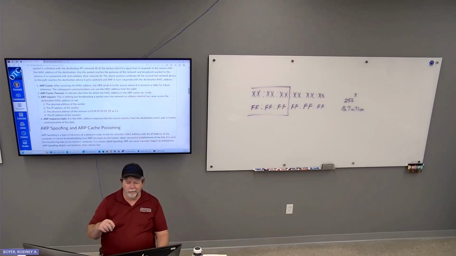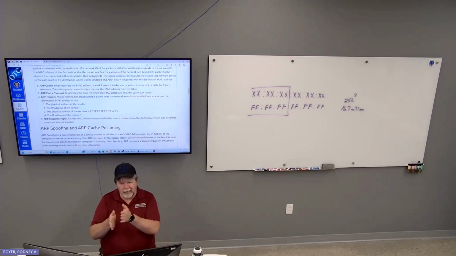Because what happens if my NIC dies and I've got to replace it? If I want to keep the same IP address, I can, but my MAC has changed because I had to replace the physical network card. It's going to have a different physical address.